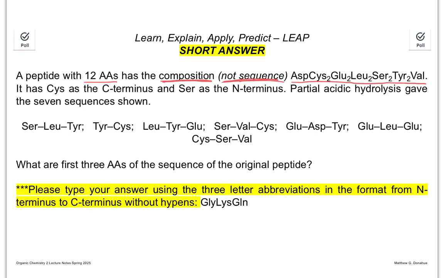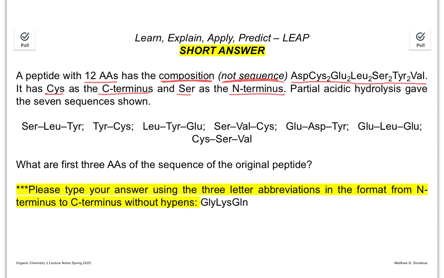Furthermore, it says that cysteine, Cys, is the C terminus, Ser is the N terminus. We take that 12 amino acid chain, subject it to partial acidic hydrolysis, and we end up with 7 sequences shown. Then the series of questions ask you to identify the different amino acids in the sequence, and then overall, what is the exact sequence?